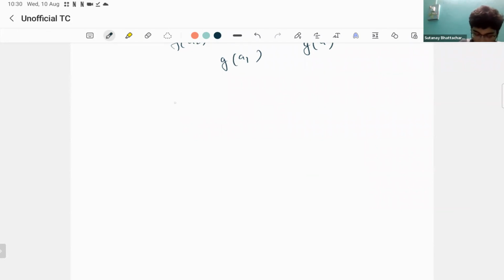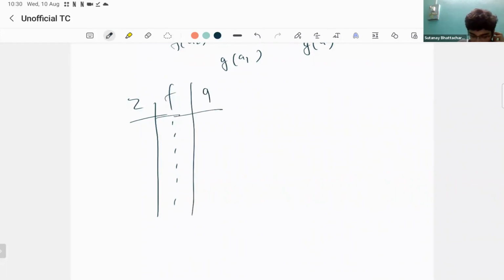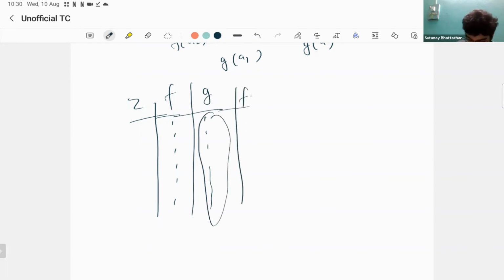So we have some list of numbers, we have some f on Z. Suppose we make a list of the elements of Z, and f has a list here, and we know that this is not constant. So all we have to do is come up with some other list of numbers so that this contains all the integers, but this one does not.